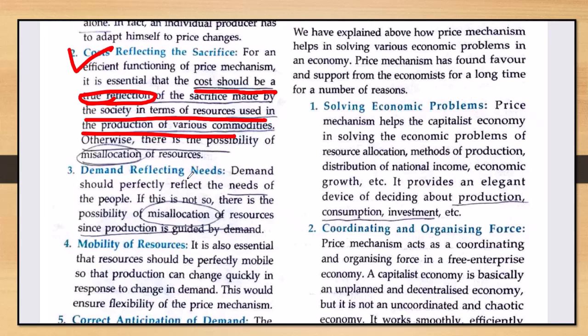Cost reflecting the sacrifices. Some goods and services require huge cost, like minerals. Now, minerals are getting depleted because of the excessive use of minerals for fulfillment of the demand of the people in various forms, so the natural resource is slowly getting depleted.